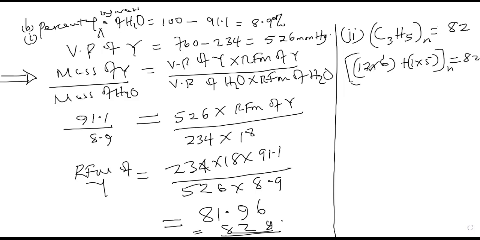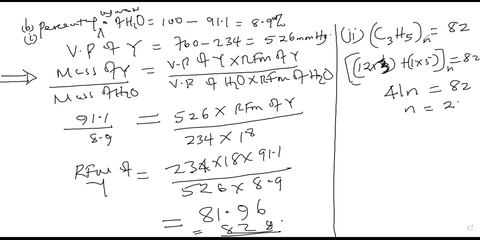This times 3, right? 36 plus 5, that is 41. 41n is equal to 82. When you divide by 41, n is going to be equal to 2.